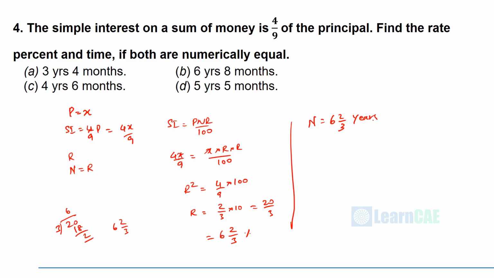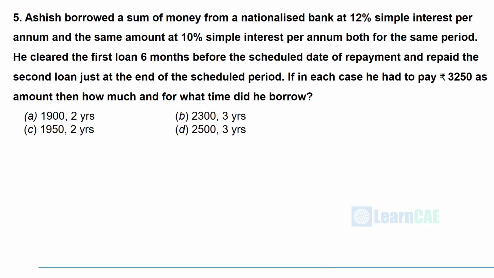This we can write as 6 plus 2 by 3 into 12 months. That is 6 years plus 2 into 4, 8 months. So the answer is 6 years, 8 months. Answer is B. Next question.